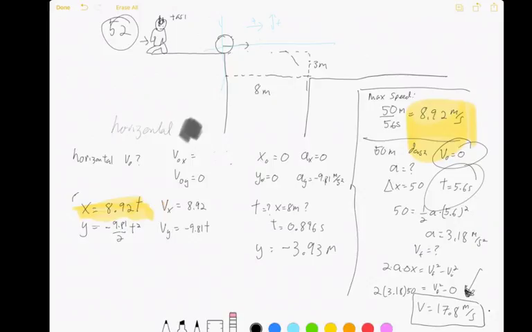So this is now 17.8 meters per second. X is equal to 17.8 times t. So at what time does he reach 8 meters?